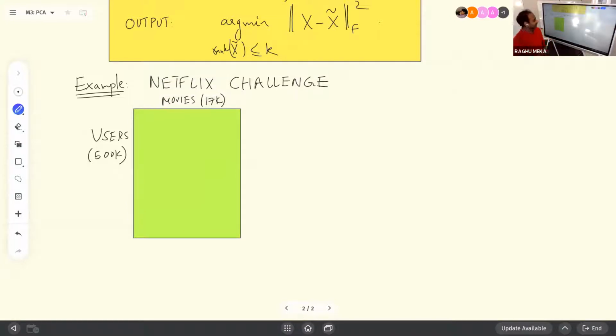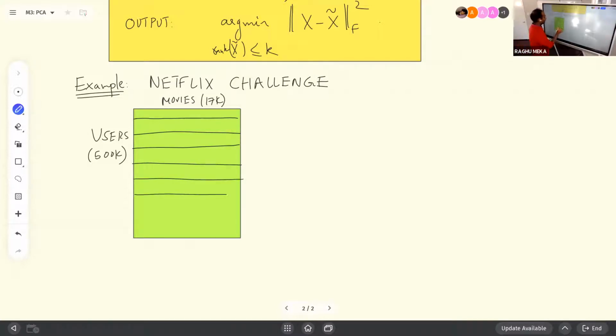For each of these users, they gave out some ratings. Not every user rated all 17k movies, but they picked the 17k movies which have the most ratings. They said, this user rated this movie a 1, star means we don't know, this is a 2, maybe this is a 5, and so on.